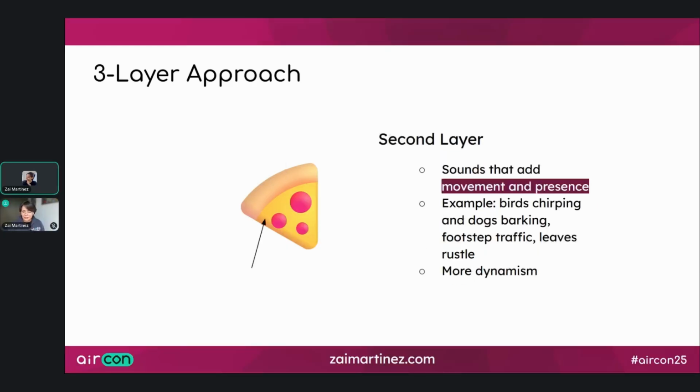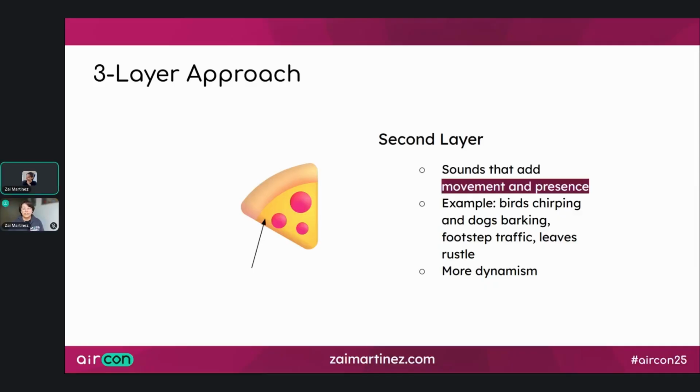Then we have our second layer. In this layer, we have dynamics, we have movement, and we have the presence and the texture that I told you about earlier. We have here all of the interesting sounds that give movement.